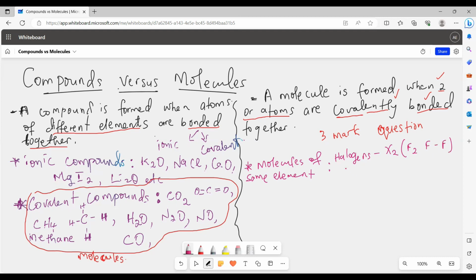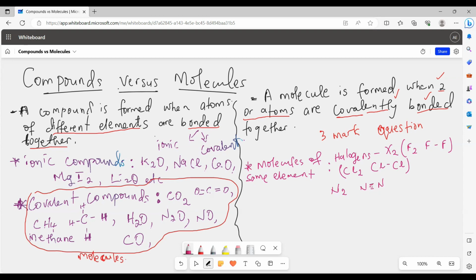You could also have chlorine, where you would have a single bond. That's another molecule. Your iodine, and you could have a nitrogen molecule where it's a triple bond.